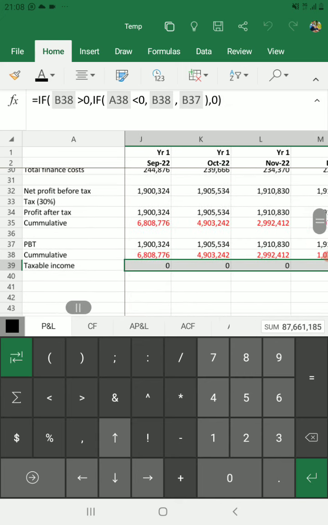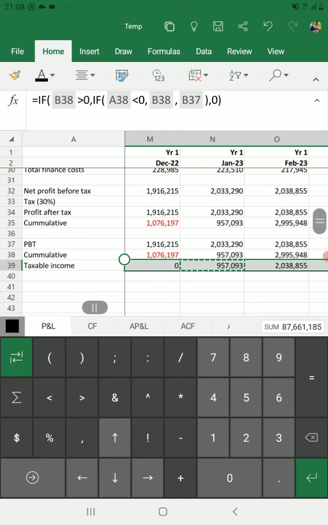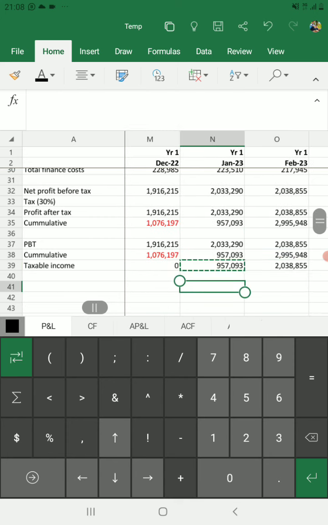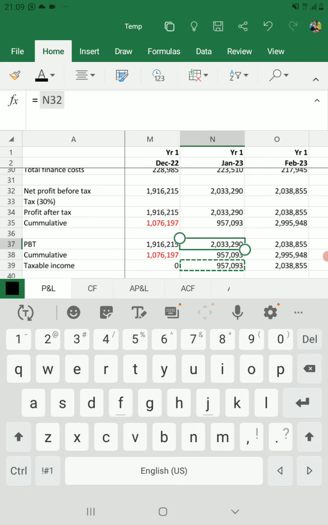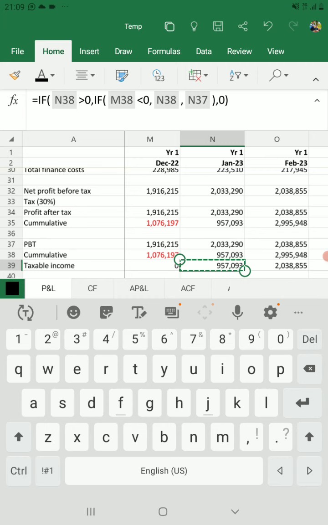So you can see the logic here. Soon after exhausting the cumulative loss, the taxable income is not going to be profit before tax, but is going to be profit before tax minus cumulative loss in the previous, and you remain with net.